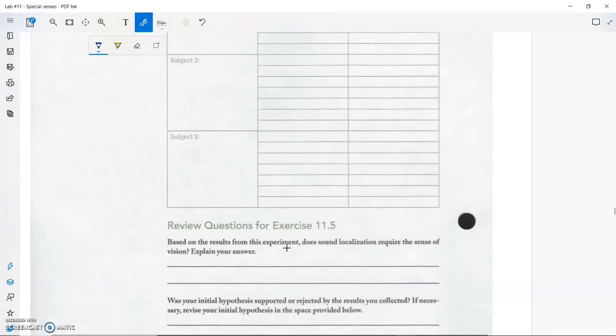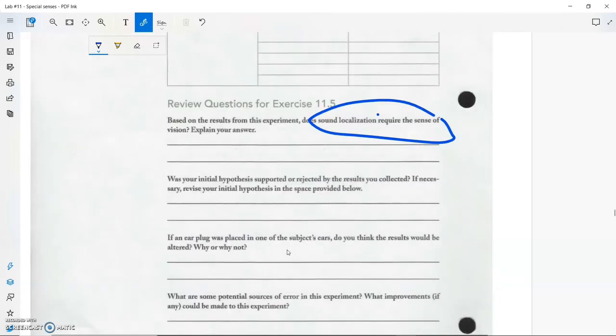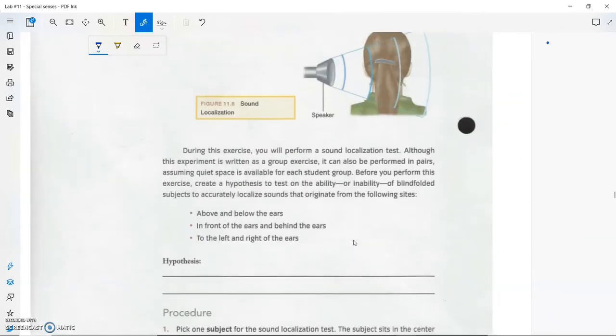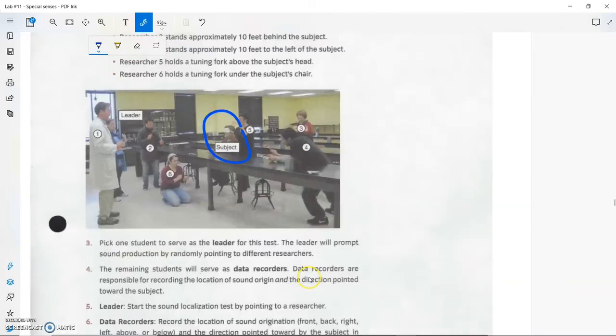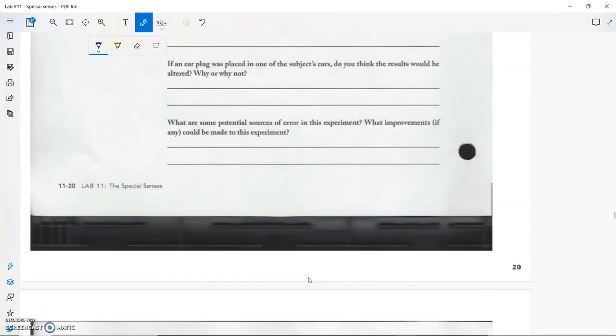So sound localization doesn't really require the sense of vision, because due to binaural hearing, you can localize the sound. Our initial hypothesis would be that you can localize the sound being blindfolded, and it would be confirmed.